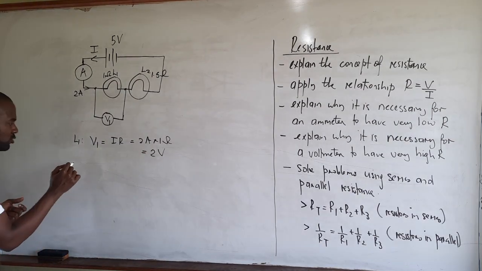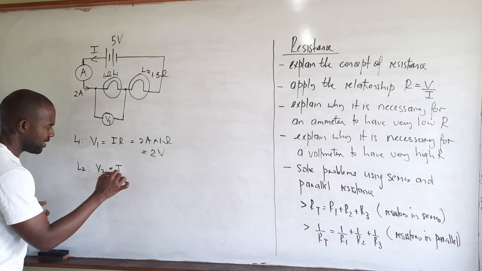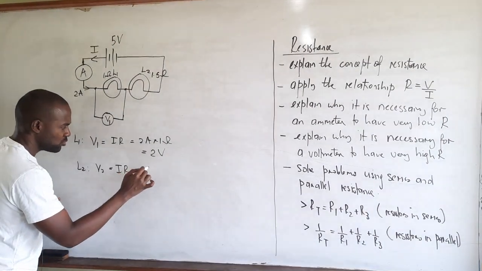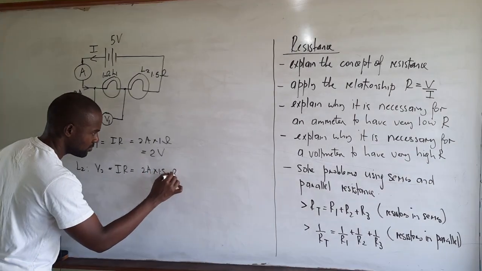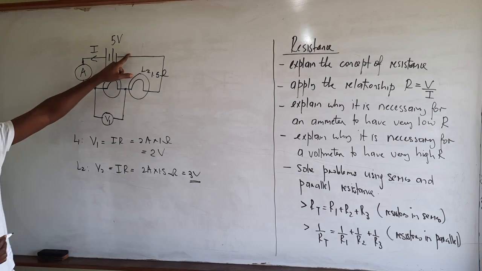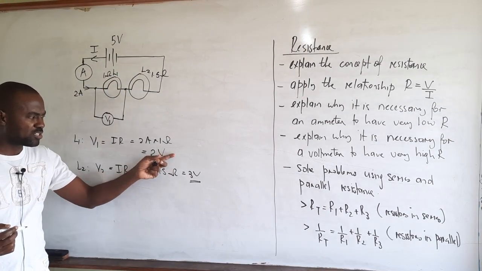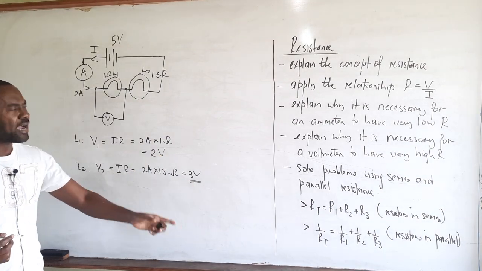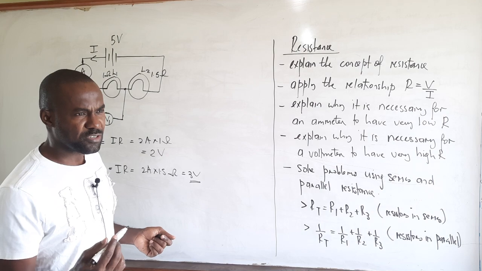Let's look at lamp L2. Let's call it V2, same formula IR. This will be equal to 2 amperes times 1.5 ohms, which gives us 3 volts. So if it's a 5 volt battery driving 2 amperes through this, notice that these 2 voltages, 2 volts plus 3 volts, add to give the battery voltage, as we explained earlier about components connected in series, right?